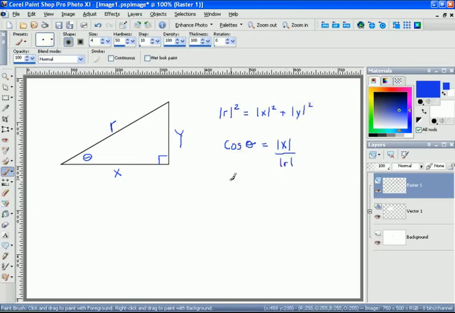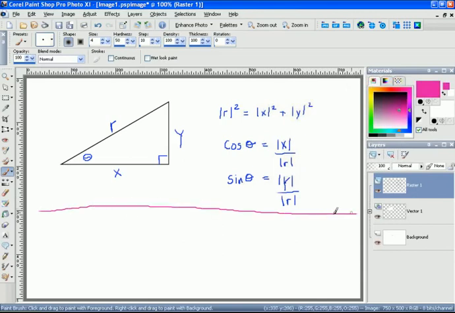Another trigonometric relationship is the sine of that angle. The sine would equal the magnitude of y divided by the magnitude of r. So make sure that you understand these formulas because we will be coming back to them in a little bit once I start talking about the dot product.